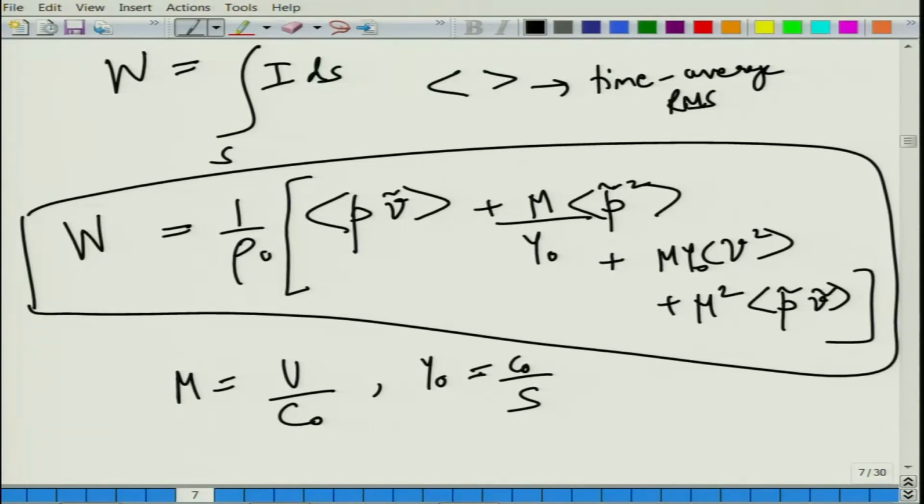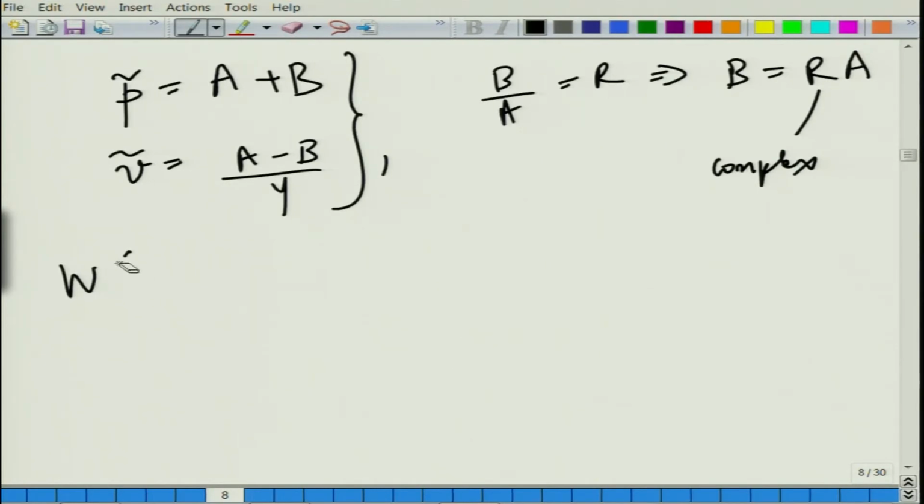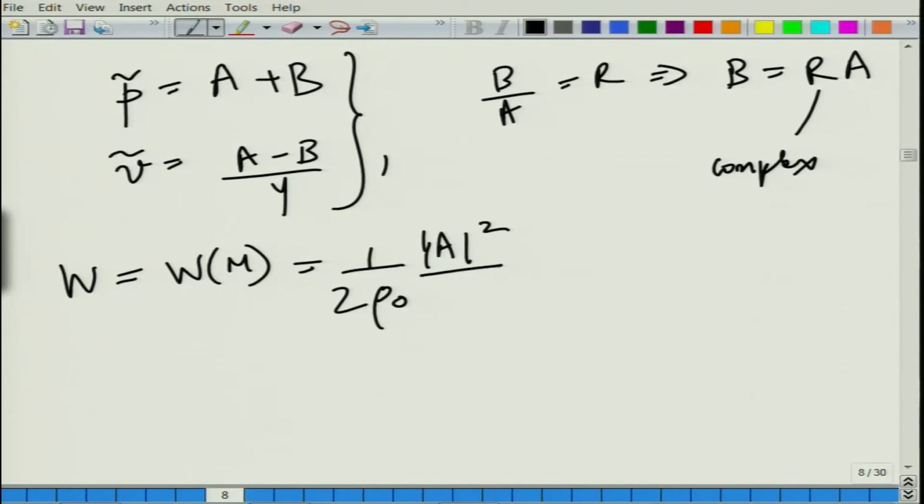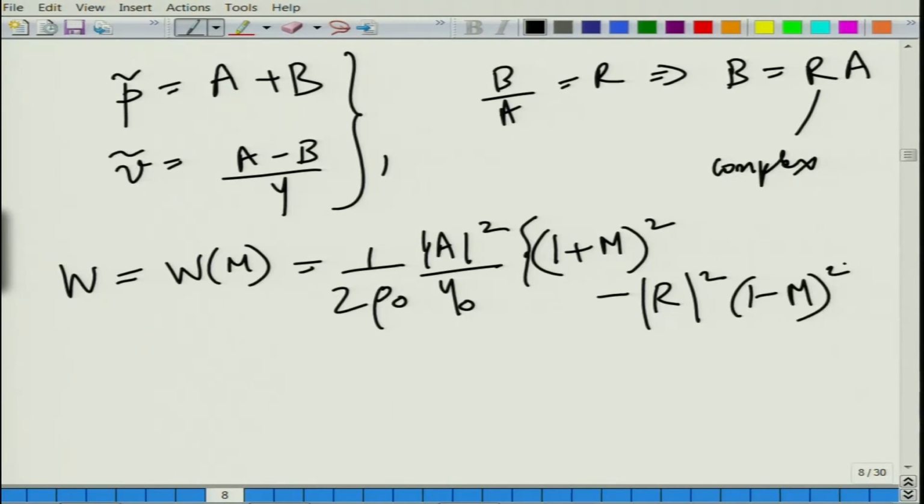So, we will get the acoustic power that is radiated over the duct as 1 by 2 rho naught times y naught times 1 plus M square, like this. This is the expression for the total power radiated when you have non-zero mean flow.